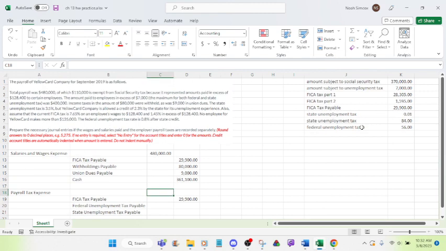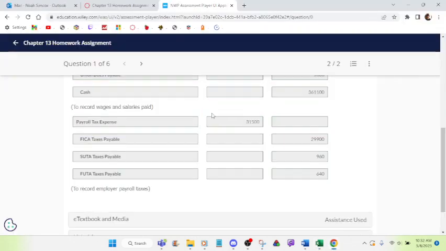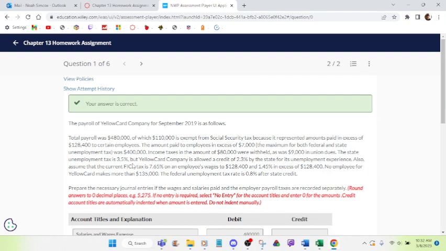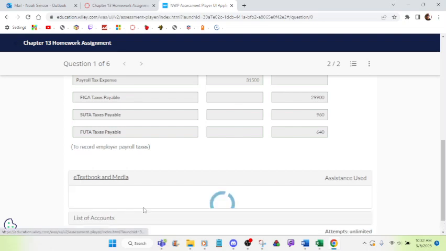Is it actually times 400,000? Wait a minute. Nope, that's not right. Then what? Then what? What? No. Where's the solution? I can't even see it. The only way to see is to look at this.